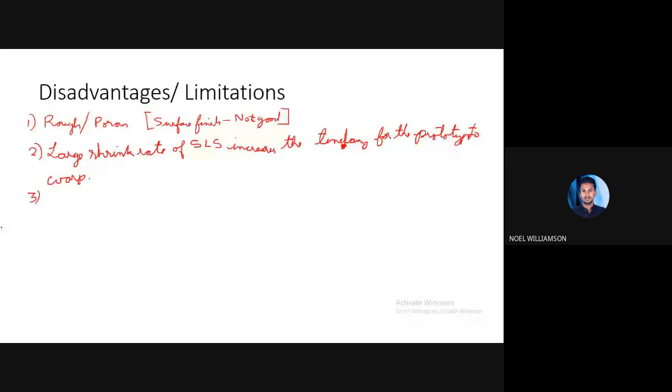Compared to stereolithography apparatus and fused deposition modeling, which we will discuss in the next topic, the material changeover will be difficult in this process compared to fused deposition modeling or stereolithography apparatus.